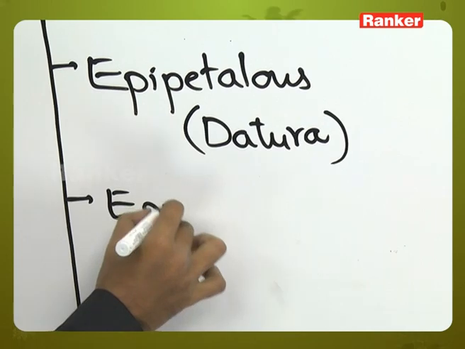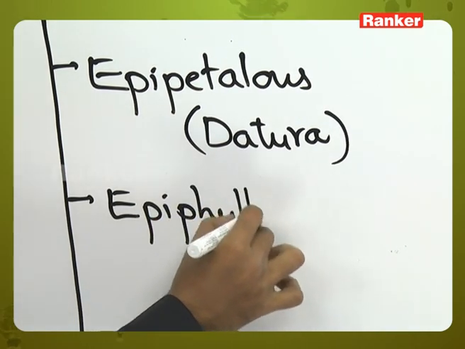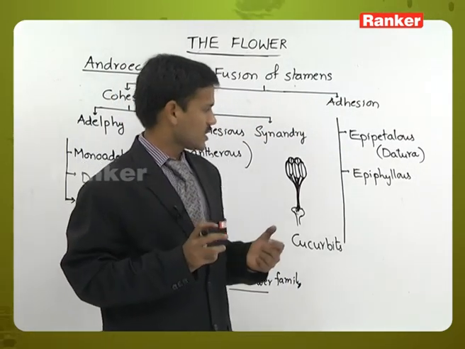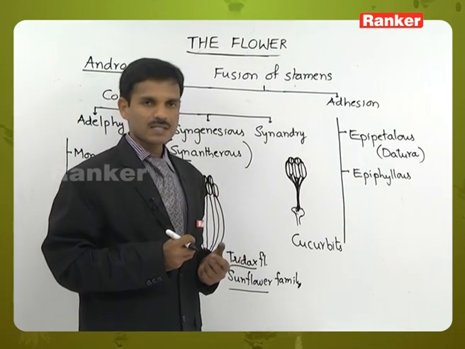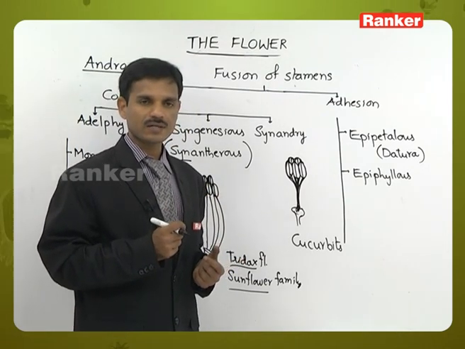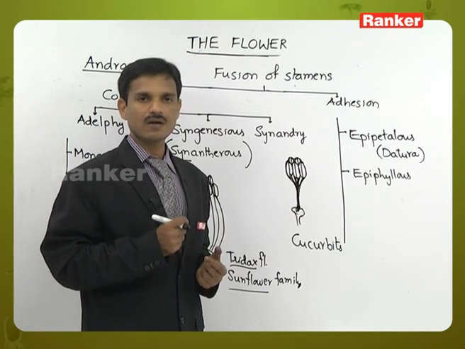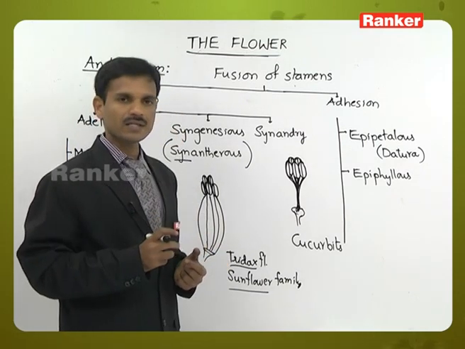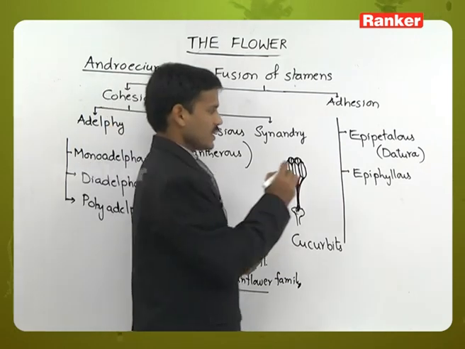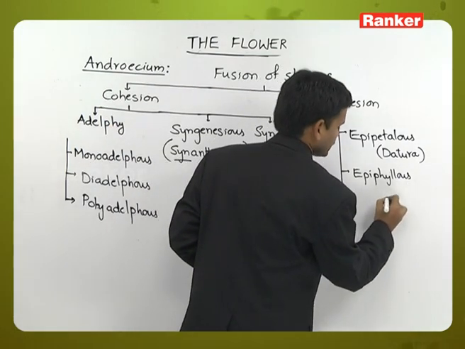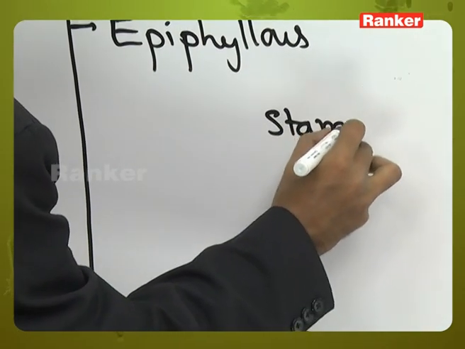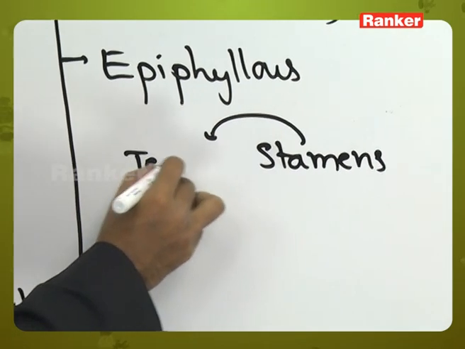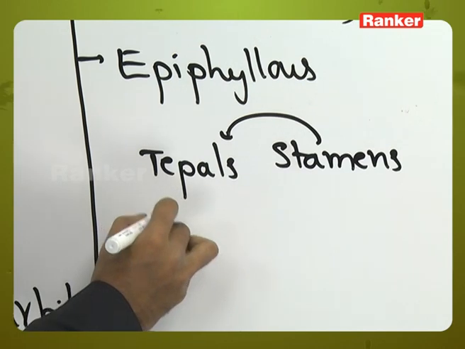And epiphyllous. Epiphyllous means in some plants the flowers show only tepals or perianth. Sepals and petals are not distinct, so these parts are known as perianth, and the members of the perianth are called tepals. Here the stamens are fused with the tepals or perianth.